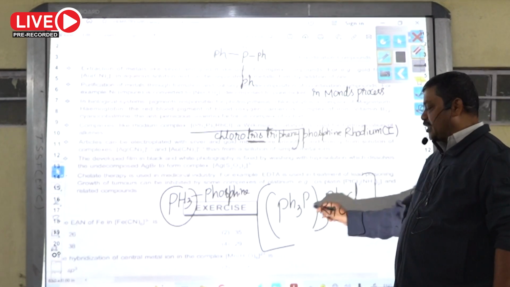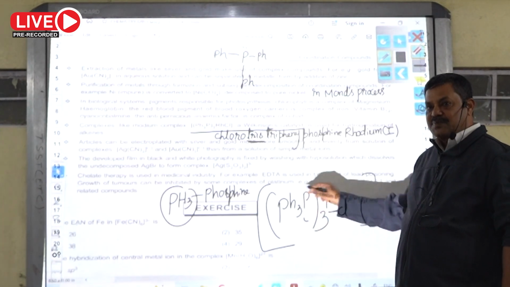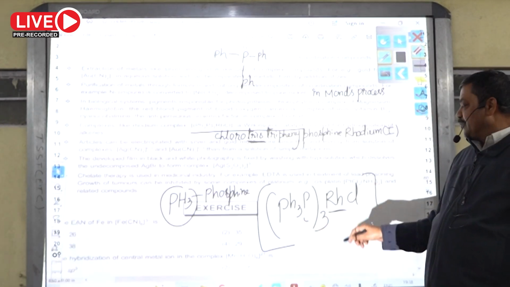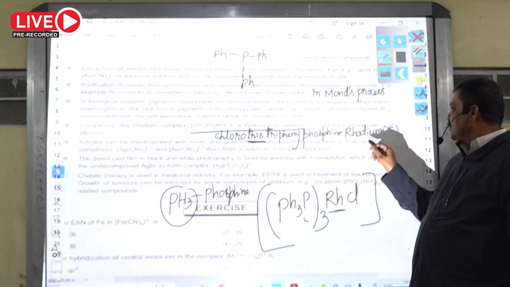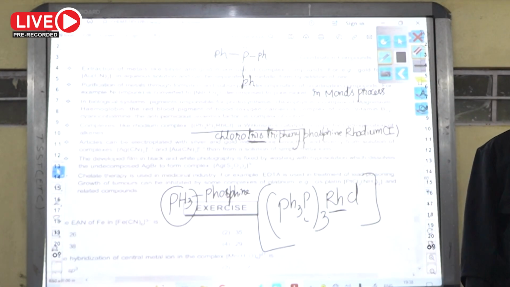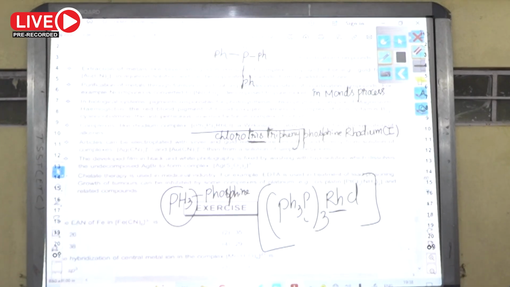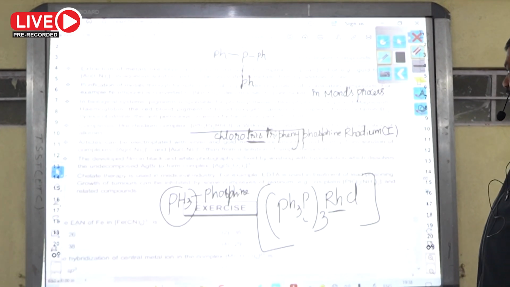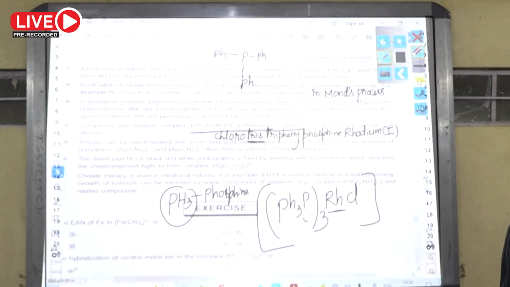So chlorotris(triphenylphosphine)rhodium(I) complex. Tris means 3 times. This is called Wilkinson catalyst, used in the hydrogenation of alkenes. Not alkanes, alkenes.